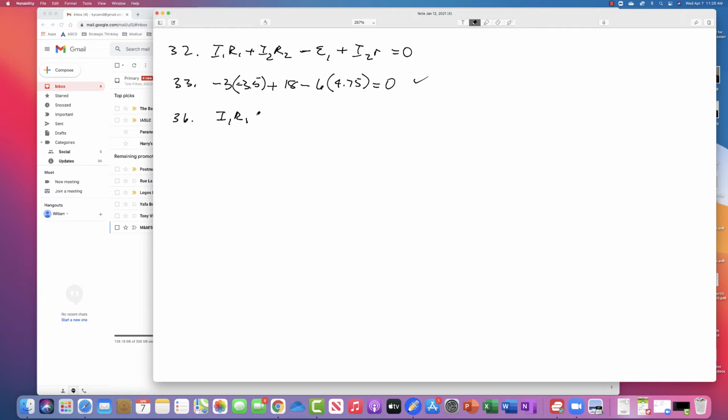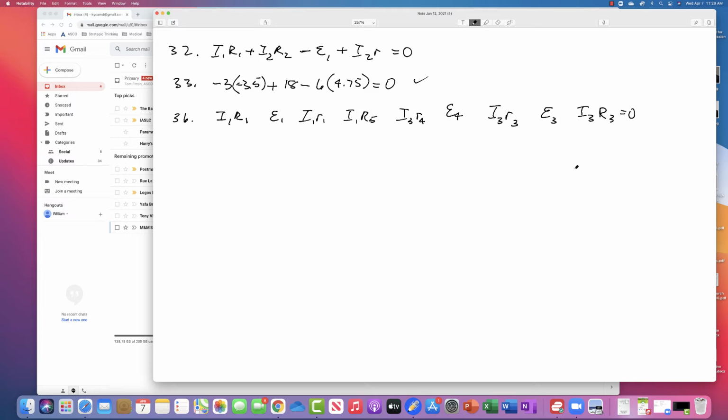I1 R1, E1, I1 little r1, I1 R5, I3 little r4, E4, I3 little r3, E3, then I3 R3, and then all of that has to equal 0. I didn't say that these didn't get complicated sometimes.